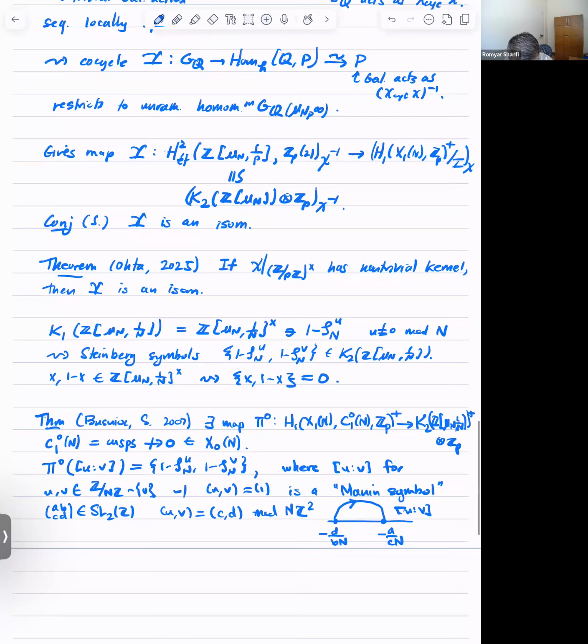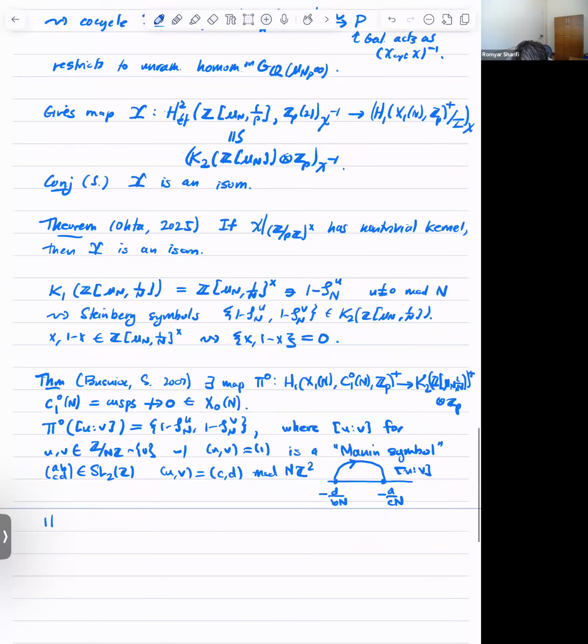And so this pi_0 actually restricts to a map pi just on the homology of the closed curve. I should say, these Manin symbols generate the closed homology, and they satisfy simple relations, which you can verify directly on Steinberg symbols of n-units are satisfied. And then that's how you get the well-definedness of this map.